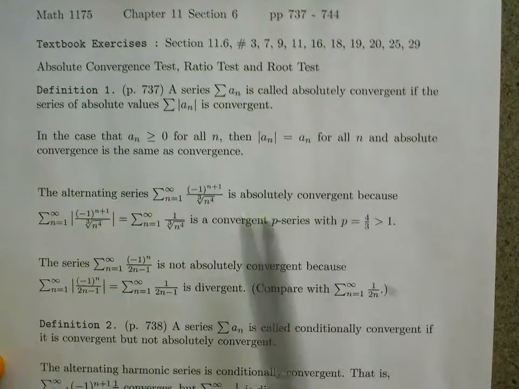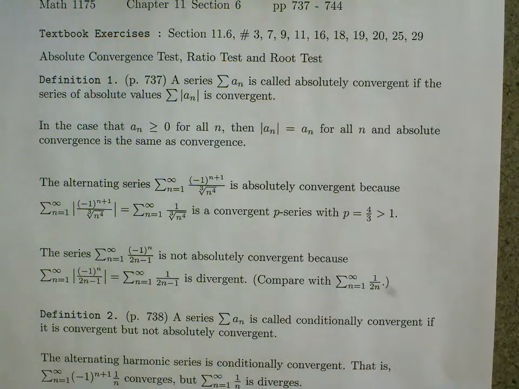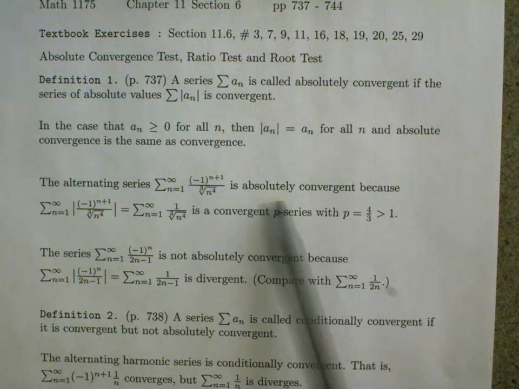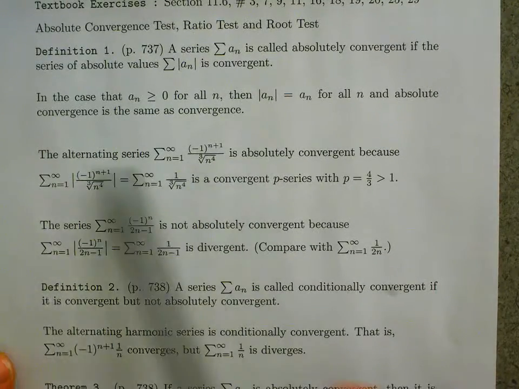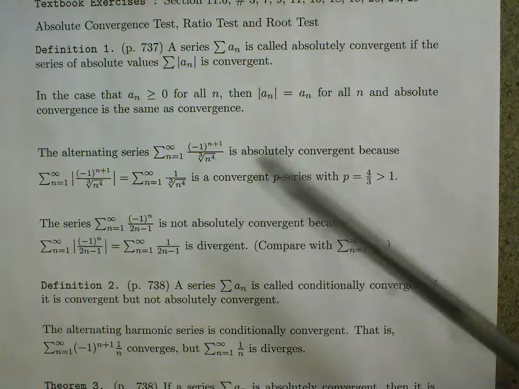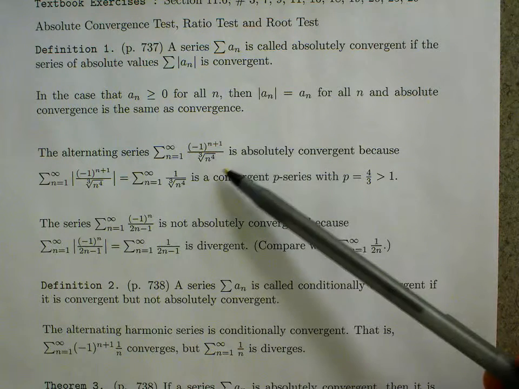If it turns out that some of the terms from an infinite series are positive and other terms are negative, then this question about absolute convergence is going to be useful. So let's note this one, the alternating series. The terms are negative 1 to the n plus 1 divided by the cube root of n to the 4th.